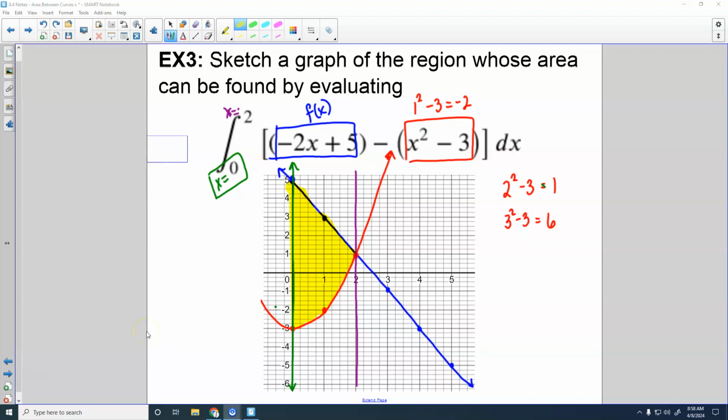They're asking you just for a graph like this, and I'll give you some graph paper if you need it for those. So sometimes you need to be able to see a picture and know what to evaluate from that picture. Sometimes you don't have the picture at all and you've got to come up with it so you can do the problem. Sometimes they give you the equation and ask you to match that to the correct picture.